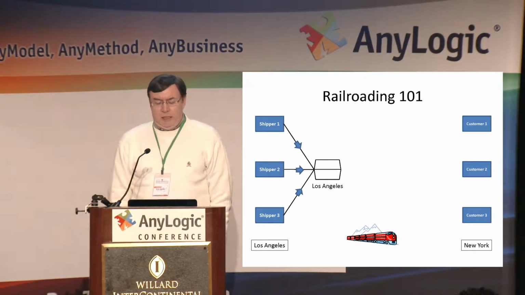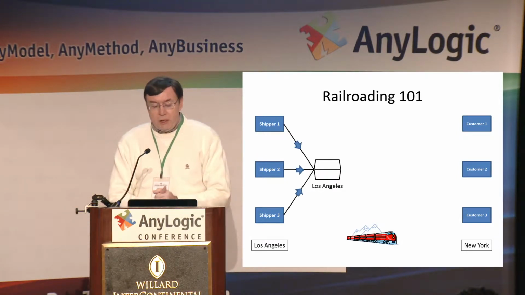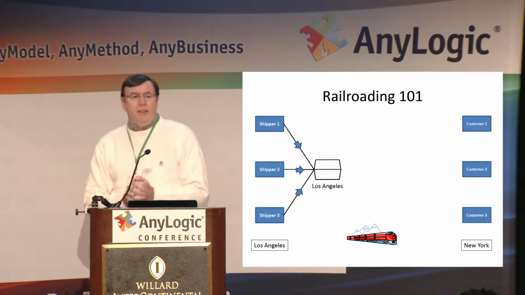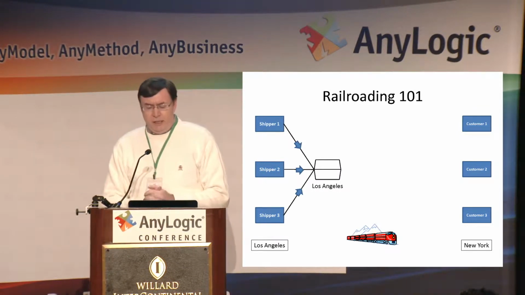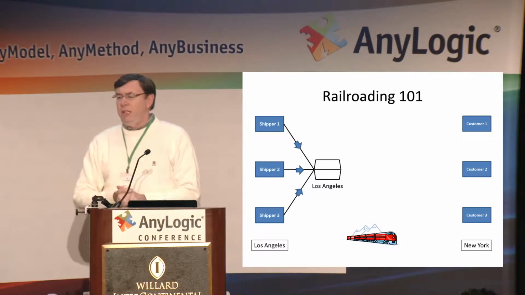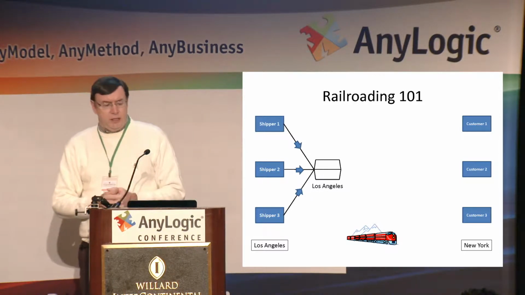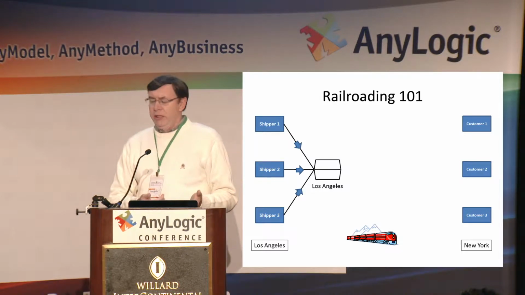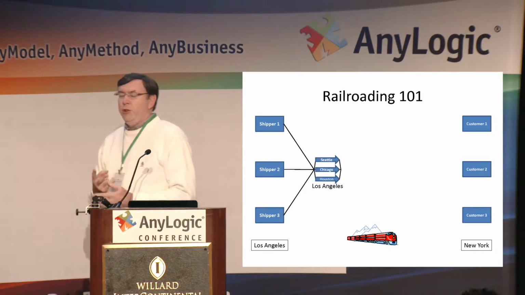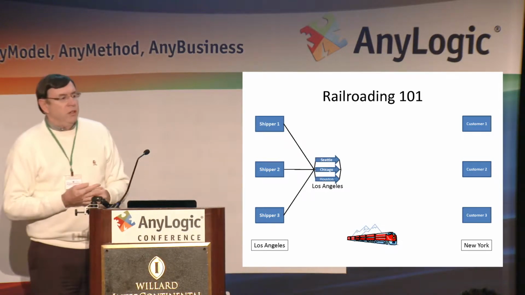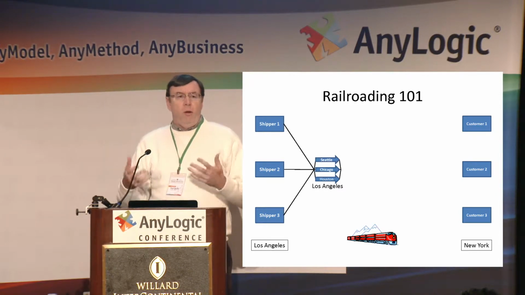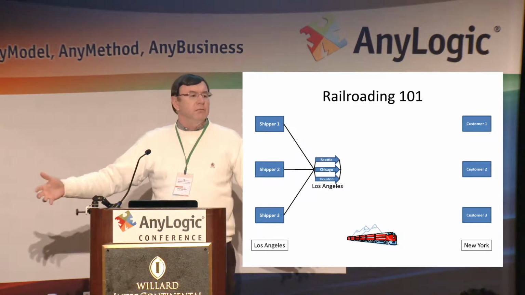First of all, we're going to start in Los Angeles. We have the three shippers, and somehow or another we have to get the cars pulled together into a yard. So what I show here are three arrows, which would be trains bringing cars in from each of the shippers. And the role of the rail yard here is two things. One is a railroad makes its money by aggregating a whole bunch of little things into a big thing.